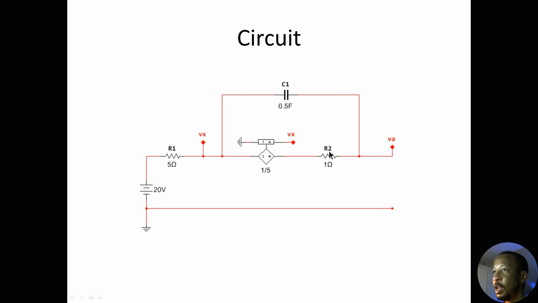Then I have R2 over here, R1 over here, and C1 over here, which is also simply C. You can call it C1 or C. It doesn't matter because it's the only capacitor in this entire circuit. Next I have my source over here, which is 20 volts. This is the circuit I'm going to be analyzing, and VA is what I'm trying to solve for.